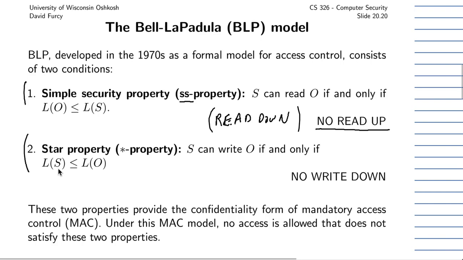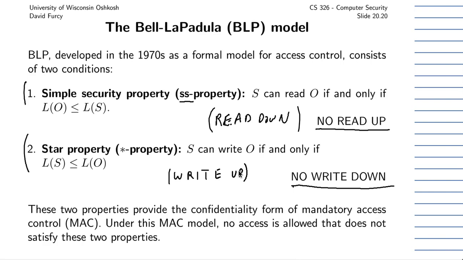So a person at the confidential clearance level cannot write a document that will be classified lower than their clearance, say unclassified. So there will be no write down. Or another way to say it, a person can only write up.